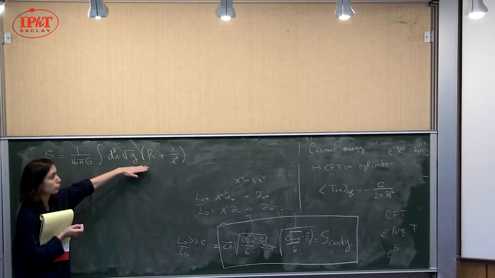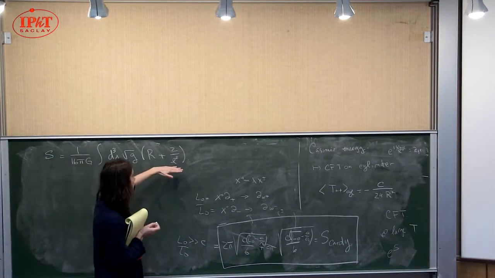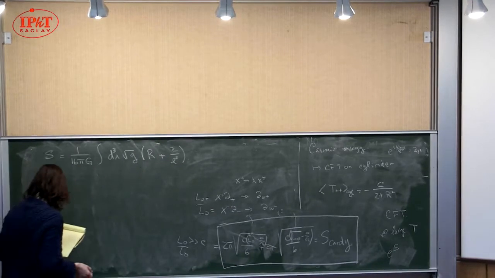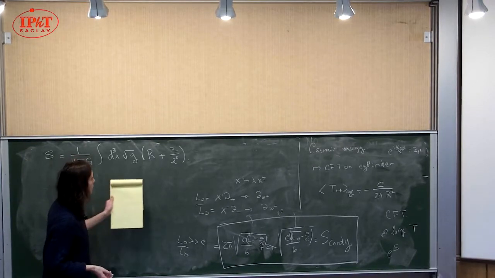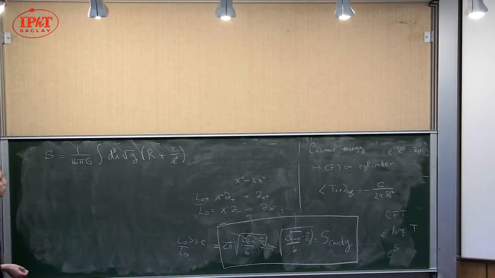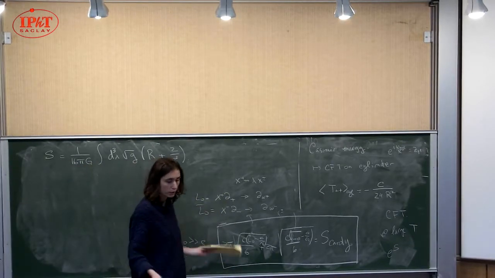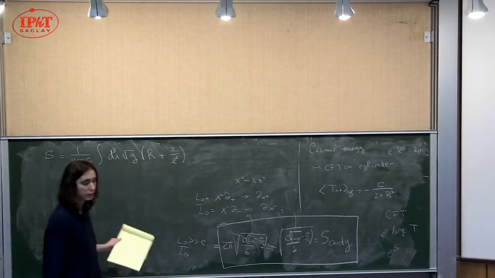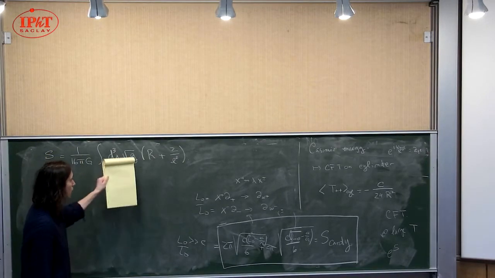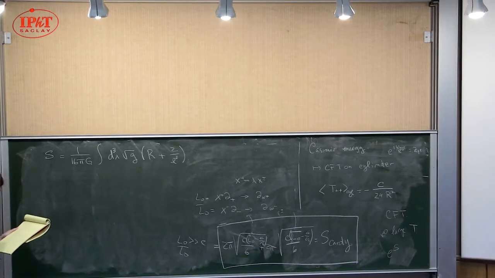The solutions to the equations of motion coming from this action include AdS3. This is the normalization, as for AdS5. This is sort of the universal low energy action for whatever theory of gravity that you might have in AdS. This is the leading term, so I'm just going to concentrate on this.